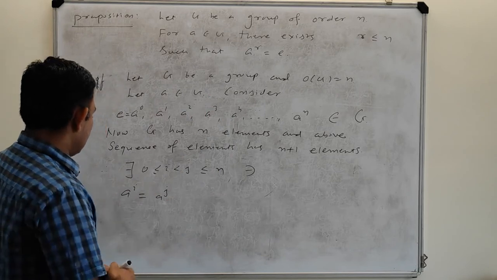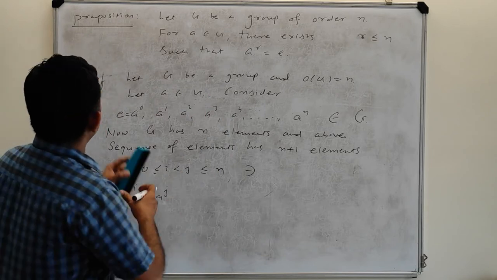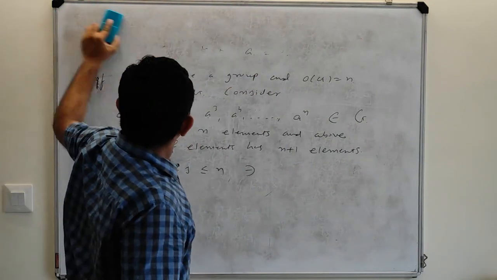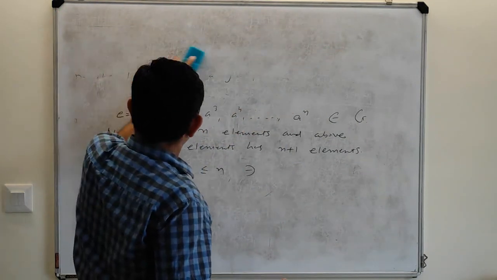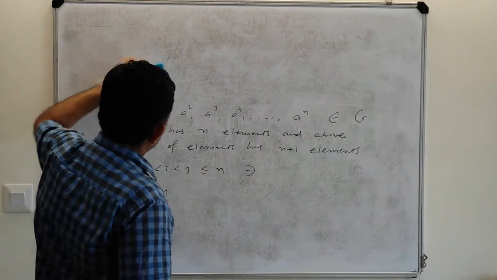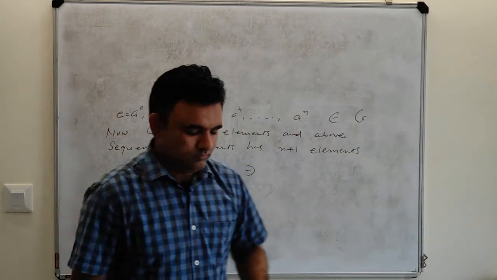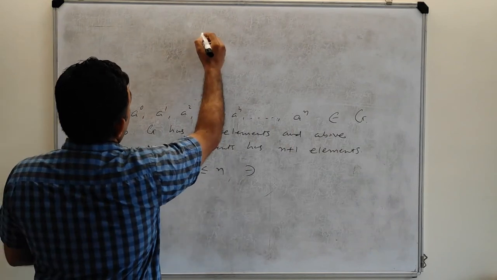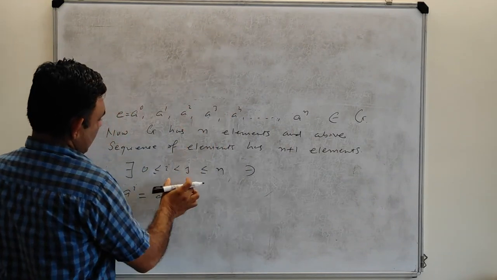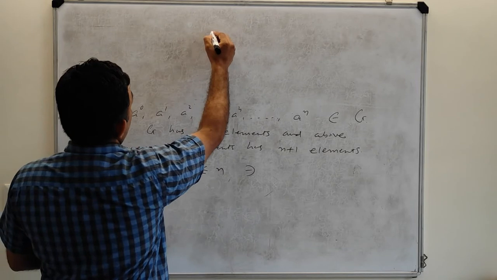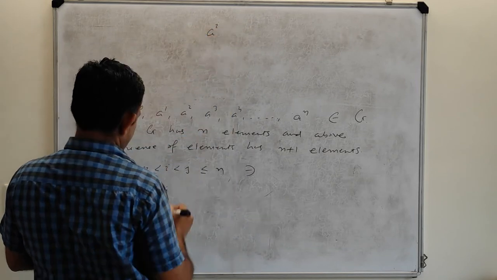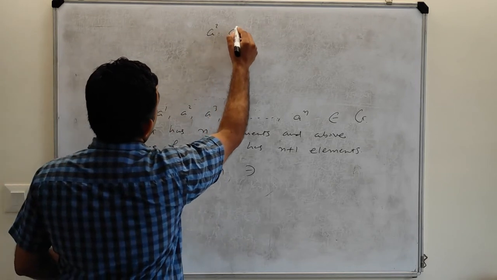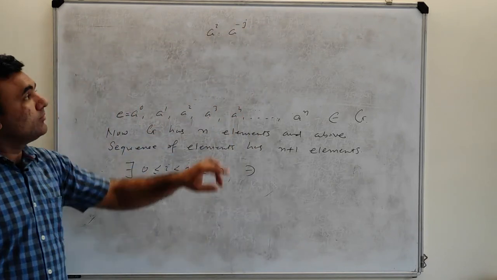So then what happens? Let us see. My j is bigger, right? So you look at a raised to i into a raised to minus j. You consider this thing.